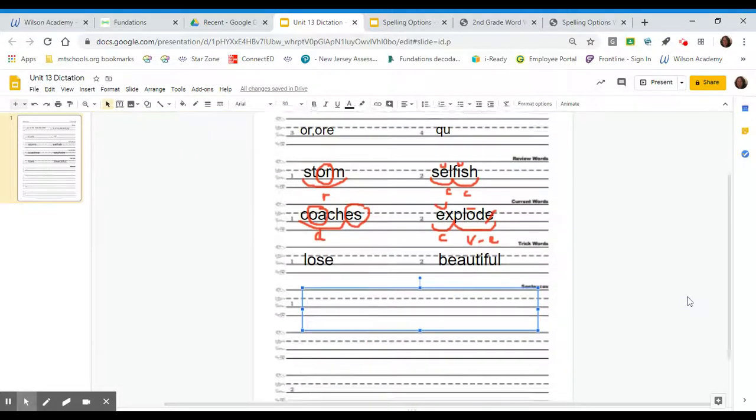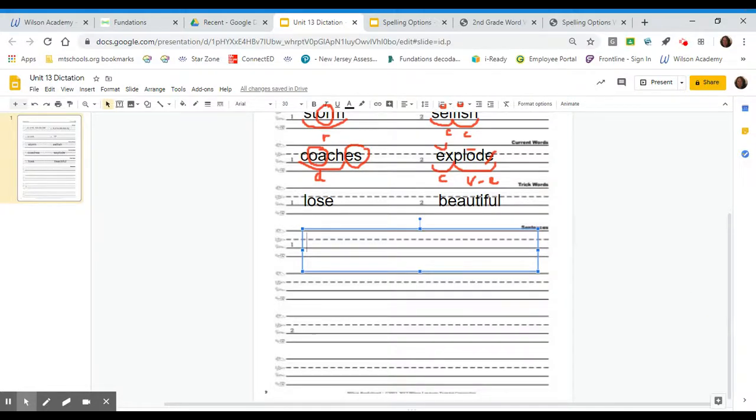Sentence time. Let's work on one sentence. Be my echo. The water in the tub was foamy. The water in the tub was foamy. Begin writing.